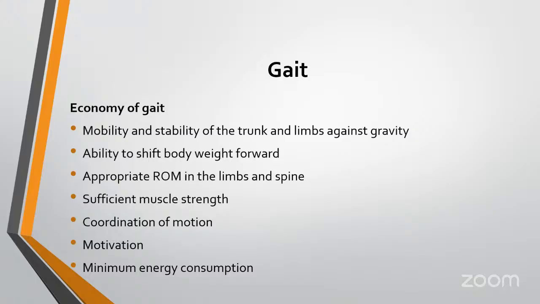If we are reducing the number of degrees of freedom, then it's going to affect the gait pattern. The more you remove certain joints from movement, the more you are going to have a poor gait pattern, or you are going to have risk of fall or injury and so on.